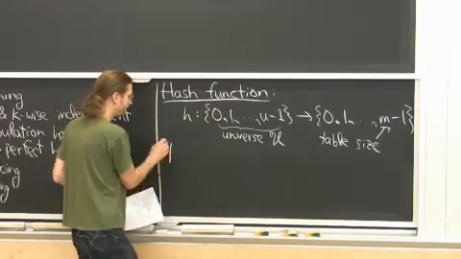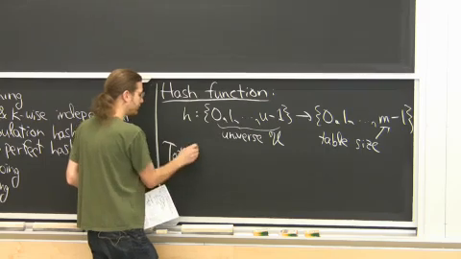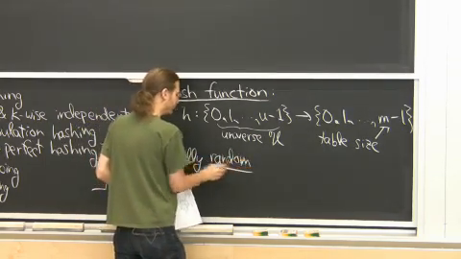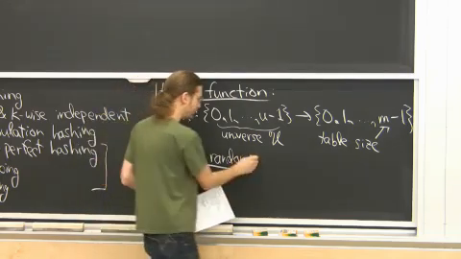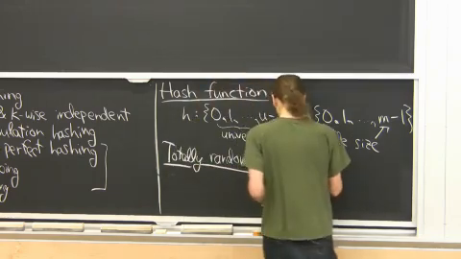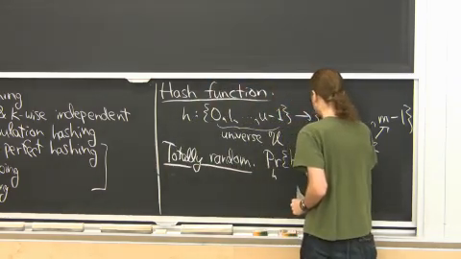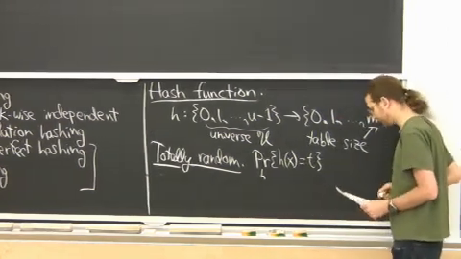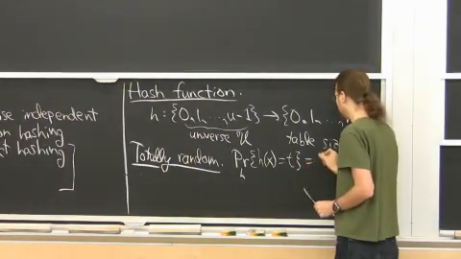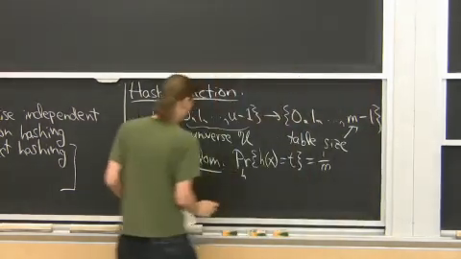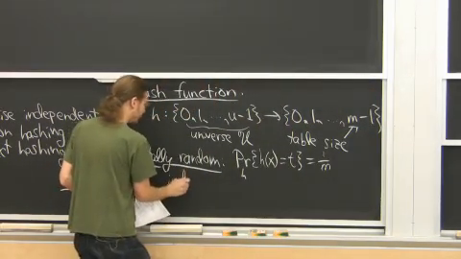Now, the best case scenario would be to use a totally random hash function. What does totally random mean? The probability, if you choose your hash function, that any key x maps to any particular slot, these table things are called slots, is 1 over m. And this is independent for all x.